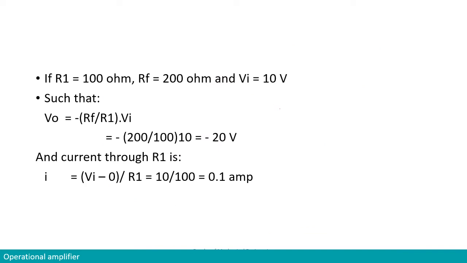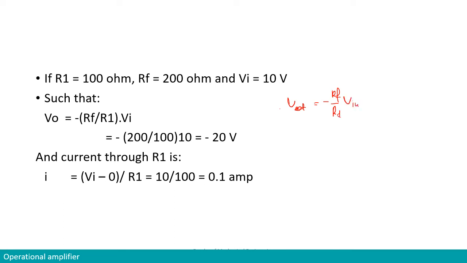For example, let's take a case of application. From what we found just now, V out or V0 equals the gain, minus RF over R1, multiplied by V in.